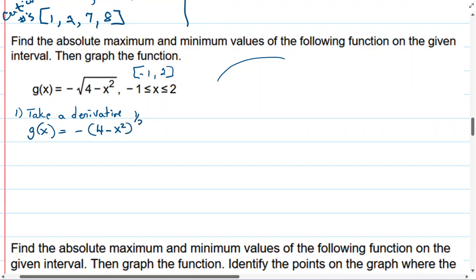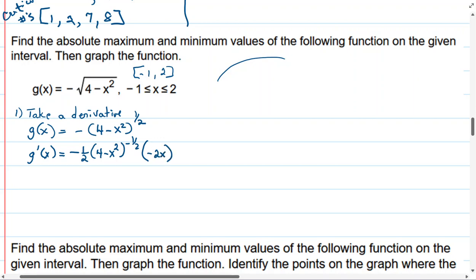And we've got a chain rule going on in this one. G prime of x is going to be a negative 1/2 of the argument to the 1/2 minus 1, a negative 1/2, then the chain rule of the negative x squared.